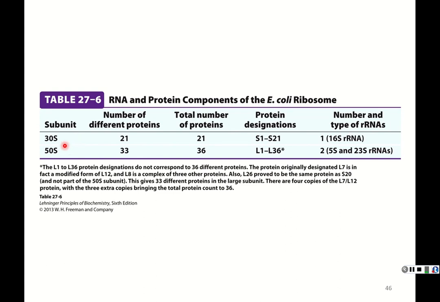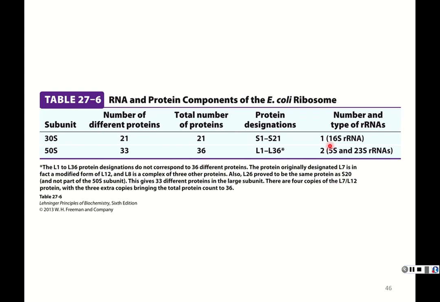If you're curious about these individual subunits, 30S and 50S, here are the number of different proteins involved in them, and the protein designations, not that you'll ever need to know that, at least in this class, and the number and type of ribosomal RNAs. In the 30S subunit, you get the 16S ribosomal RNA. In the 50S subunit, you get the 5S and 23S ribosomal RNAs.